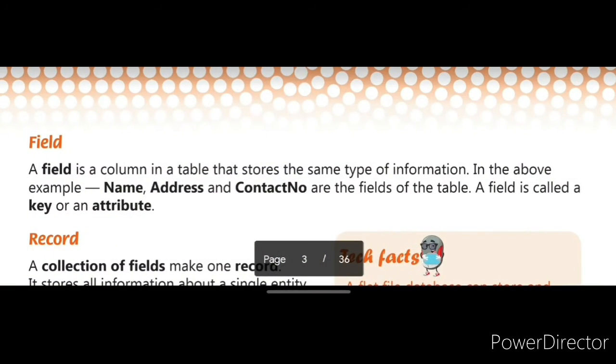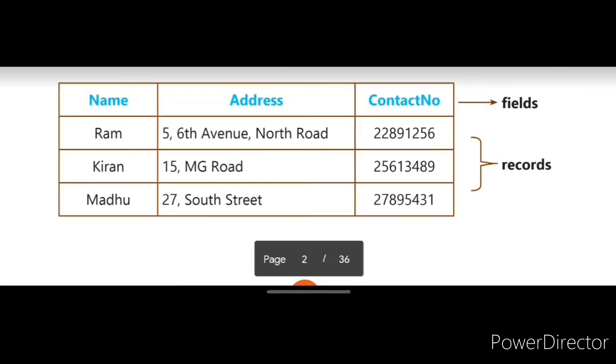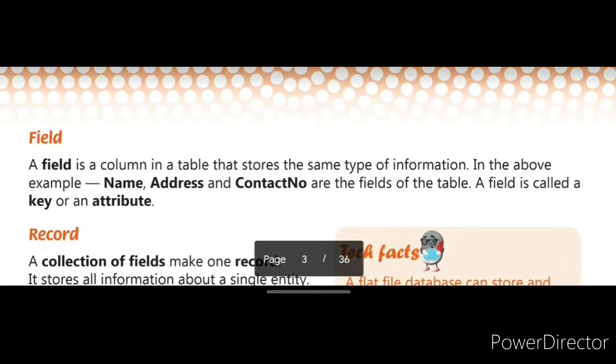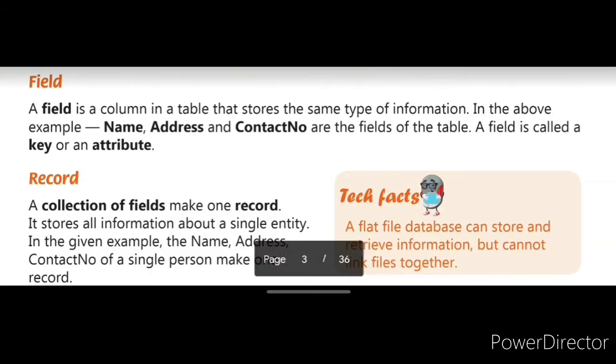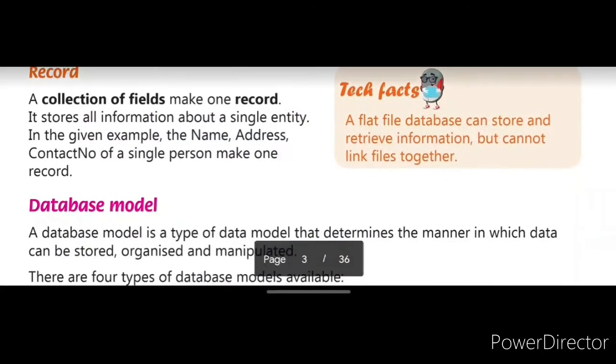Okay, so a field is a column in a table. This is a telephone directory table where name, address and contact number are the fields. So it makes one column in a table, which has the same type of information. So in the above example, name, address, contact number are the same type of information. A field is called a key or an attribute. Okay, so next is record.